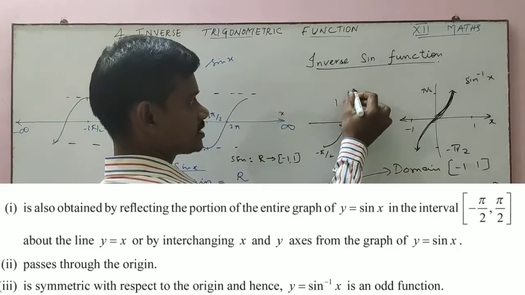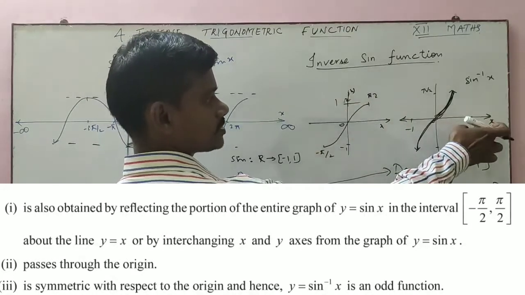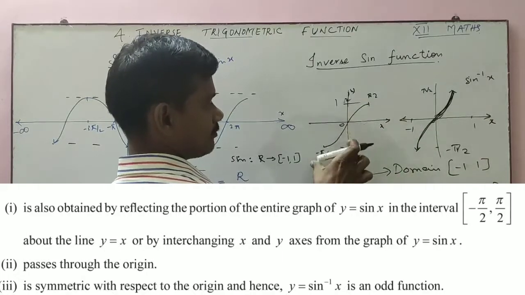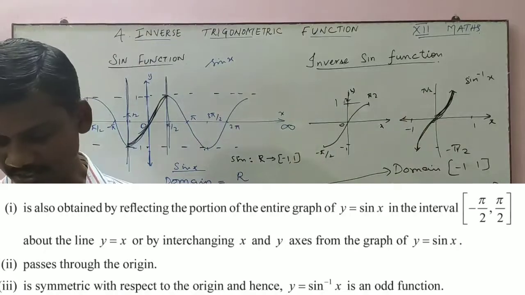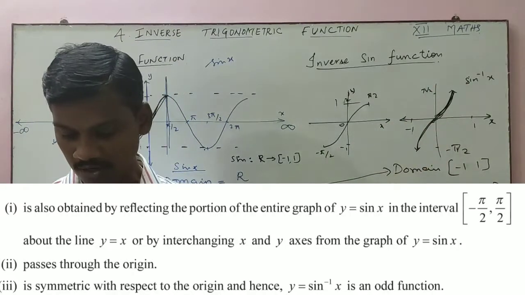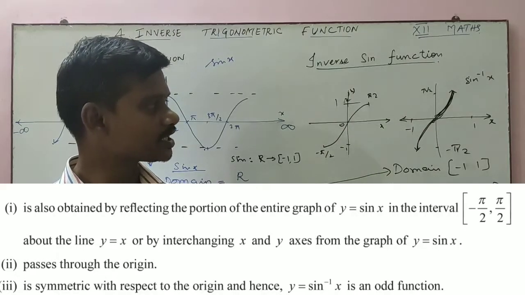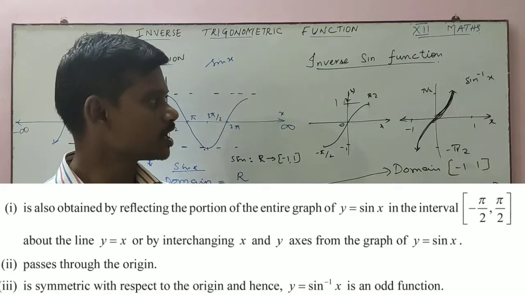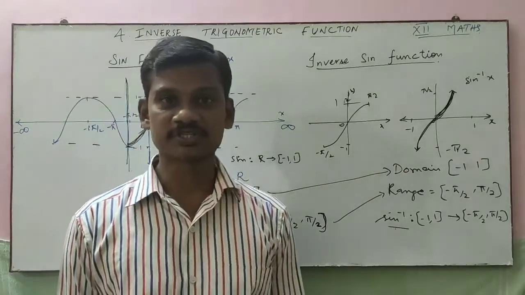Here by interchanging x and y, this y becomes x and the value of x becomes y. So you will get the sine inverse, and this sine inverse also passes through the origin, and this curve is also symmetric about the origin, so it is also an odd function. So these are the properties of inverse sine function.